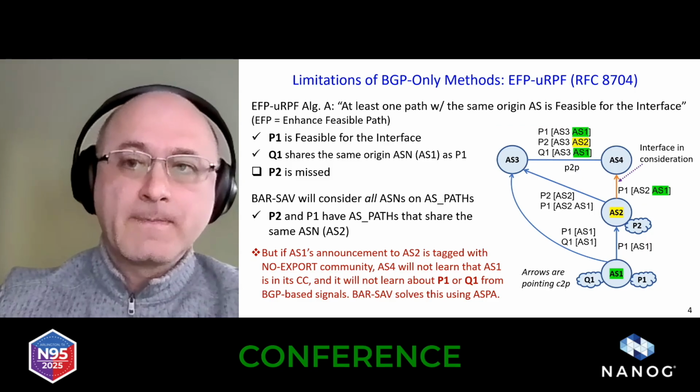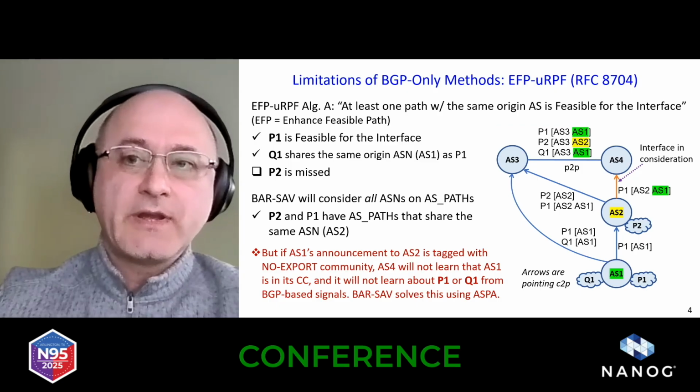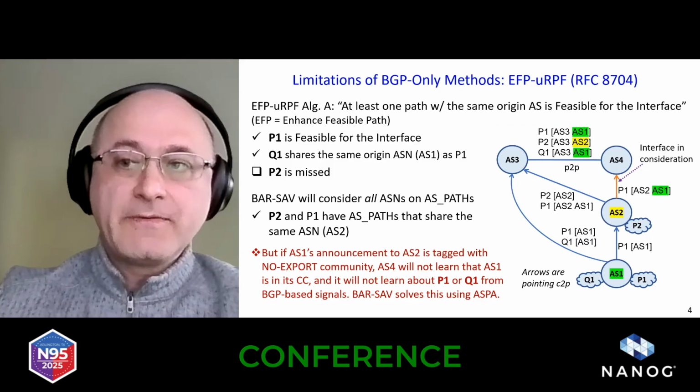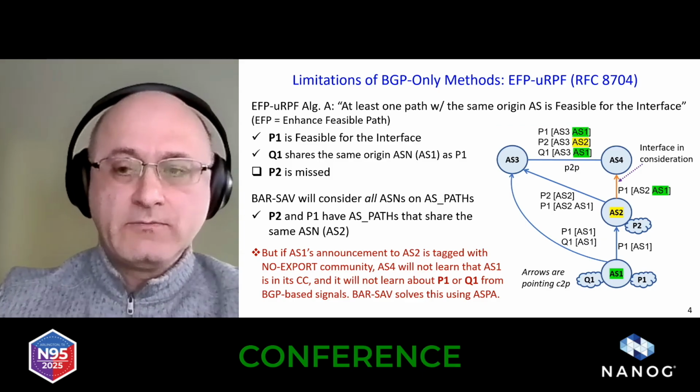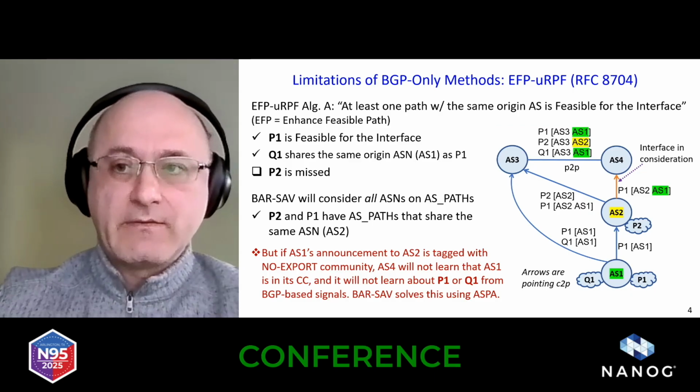So in this case, prefix 2 has AS2 on its AS path, and prefix 1 also has AS2, not as origin, but that doesn't matter. And therefore, prefix 2 would be discovered by BAR-SAV.